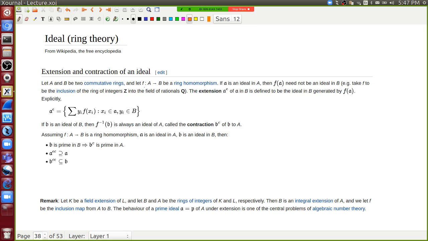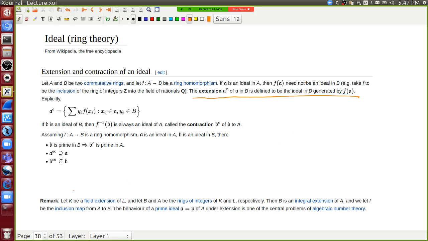We have two rings A and B, a ring homomorphism from A to B, and an ideal in A, and we want to look at its image in B. The image might not necessarily be an ideal, so the extension is the ideal generated by all the images: the smallest ideal that contains all the images of an ideal in A. That's the extension of the ideal into B.